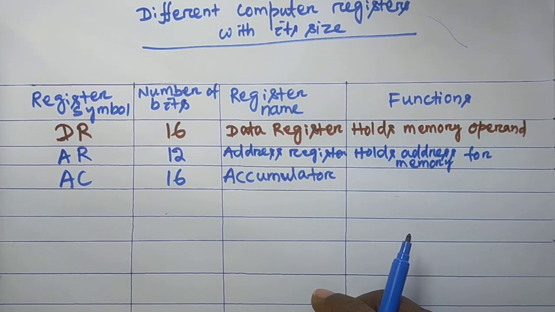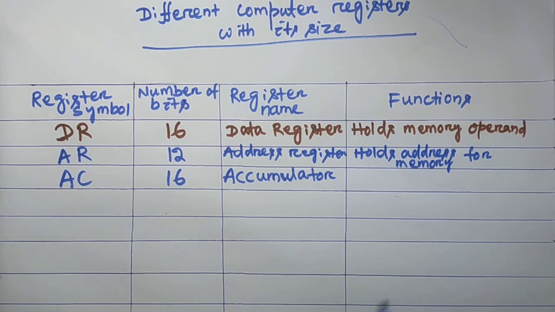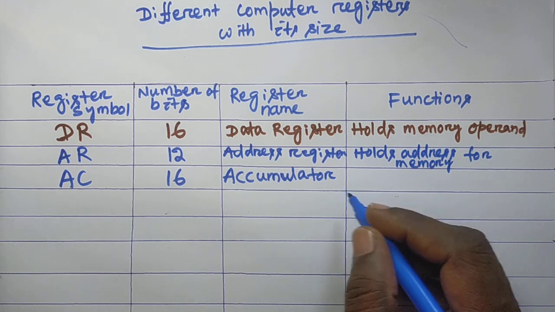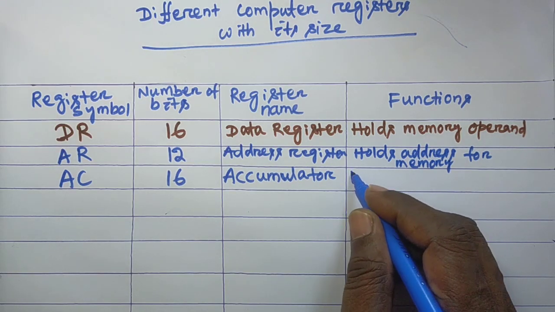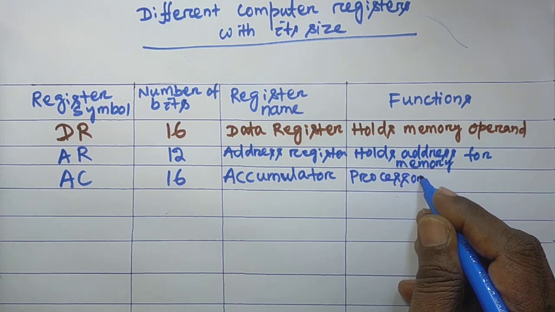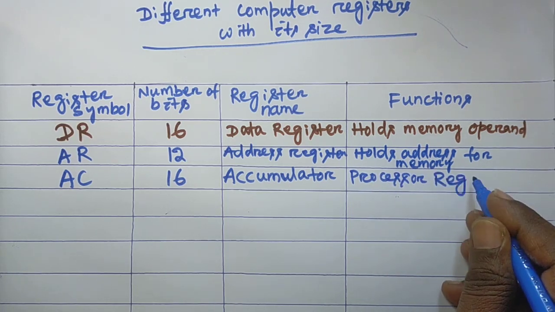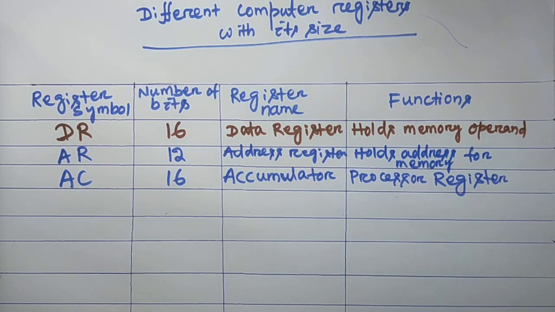It is a processor register that processes many different data. It is used for operations, so we can tell it as a processor register.